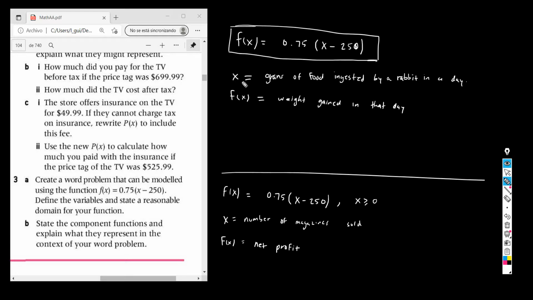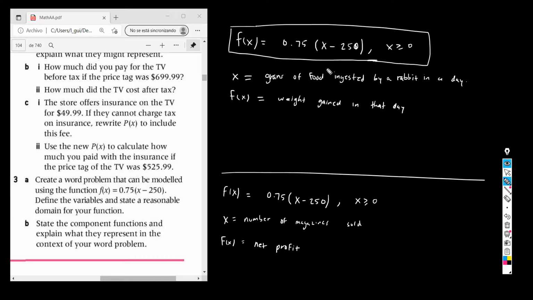That's what x means to me. So I need the domain here, because if I define x in this way, then x has to be greater than or equal to 0. And what is f of x? It's the weight gained in that day.